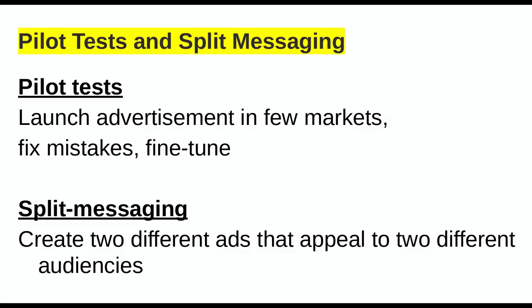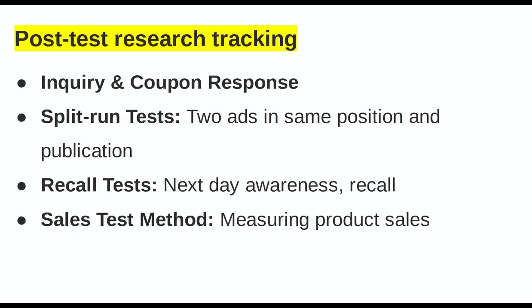So sometimes you want to appeal to more than one audience, but want to see which ad will most affect which audience, right? And so you create different ads and you see what happens next. Okay, so that is what we call split messaging. The last one that you see there is post test.